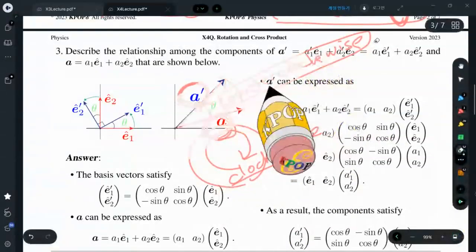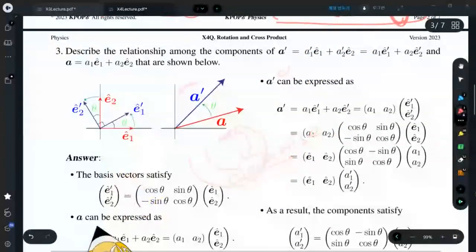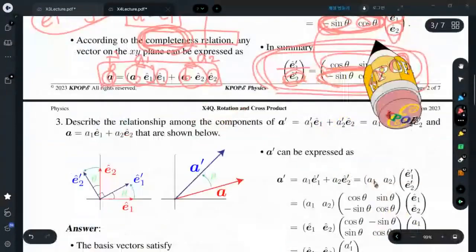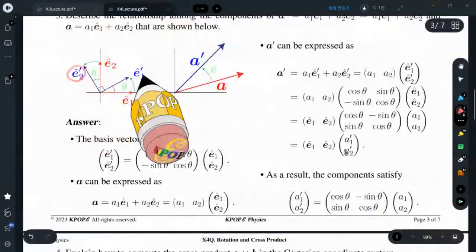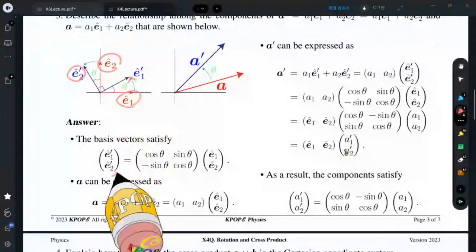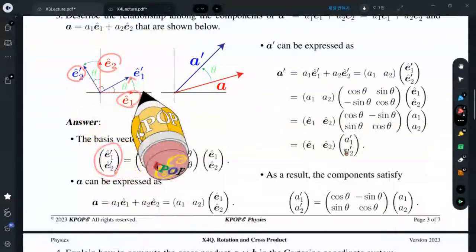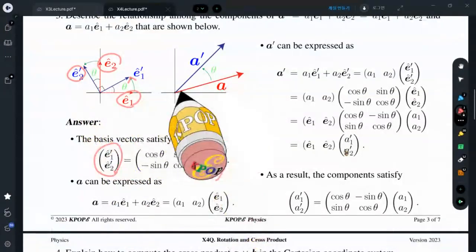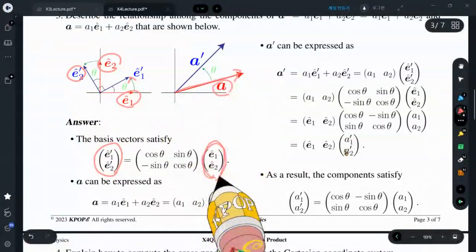It's an extremely important part. So I copy a previous result. If I rotate the basis vectors in here by angle theta counterclockwise, the primed basis vectors are expressed as a linear combination of unprimed basis vectors. Suppose that I have an original vector A in terms of the original basis.